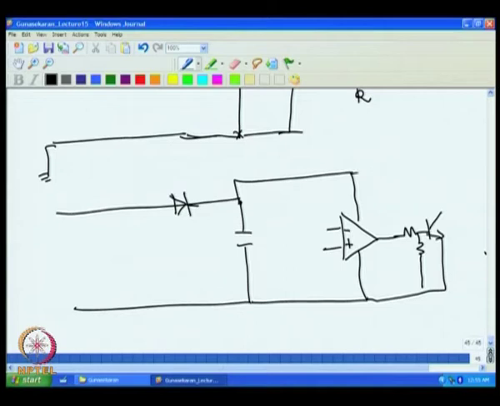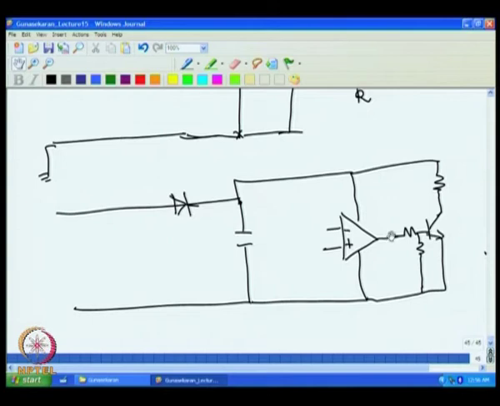Then I will connect this through a small resistance to the collector. So what happens is, if the voltage at this point is more, then the transistor will conduct more and more current will flow through this. So if more current flows through this, then the voltage across the capacitor will decrease. Similarly, if this voltage is low, then this transistor will conduct lightly and less current will flow. The less current flows, the voltage will increase.